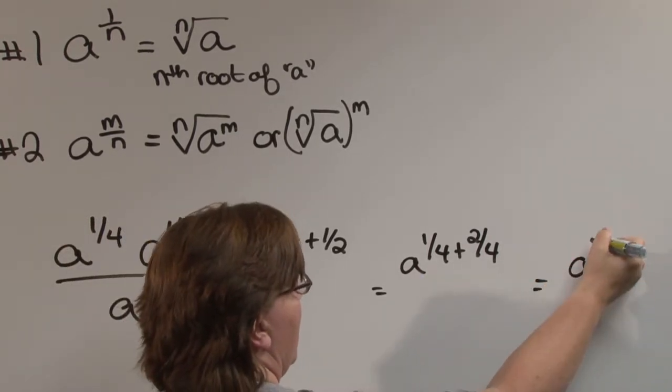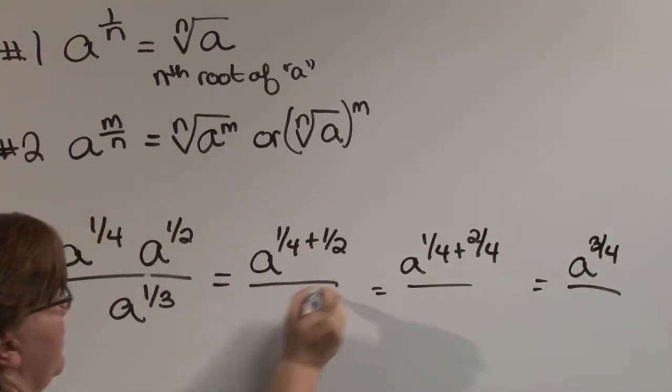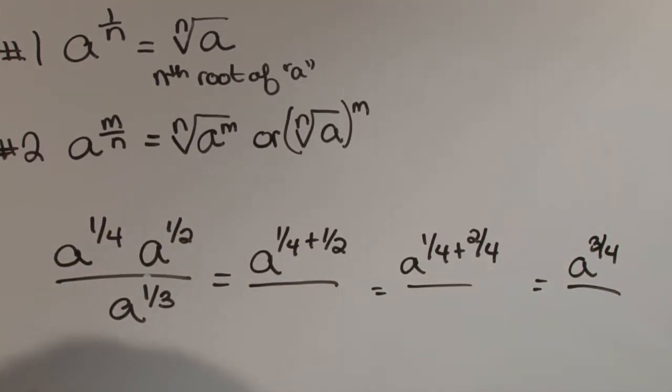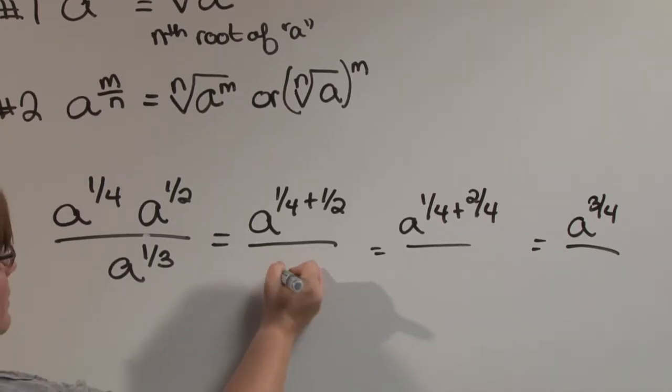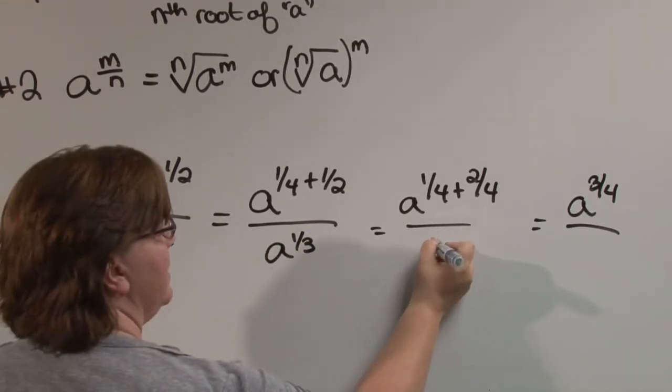And we're left with a to the 3/4 on top. I personally like to write the steps all the way through before I move on to the next part. Some mathematicians get to do it all at once. That's your personal preference. Now with the bottom here, we're just going to write it all the way through because I'm not doing anything to it yet.